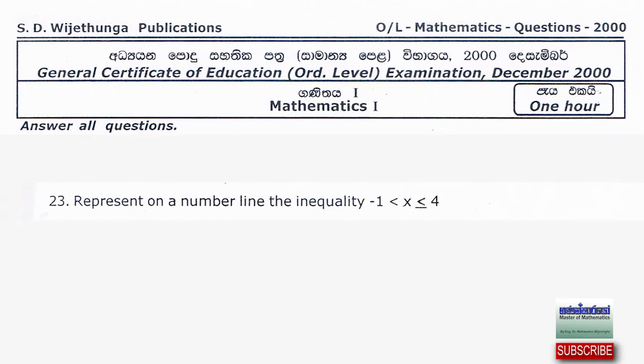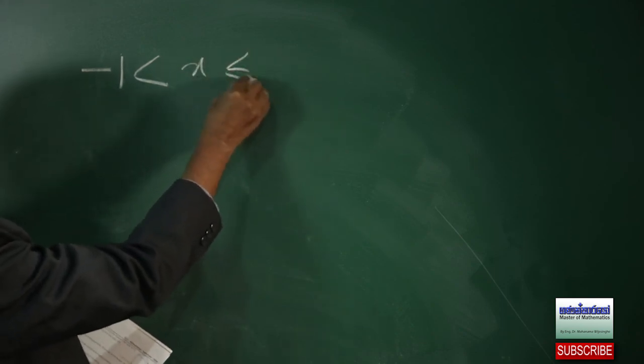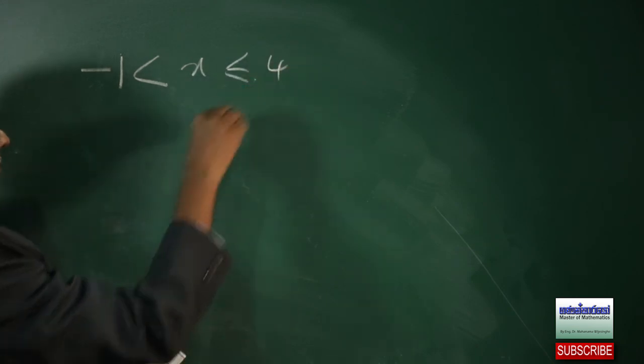Right. Question number 23, paper 1, mathematics 1, year 2000. Represent on the number line the inequality minus 1 less than x and less than or equal to 4.